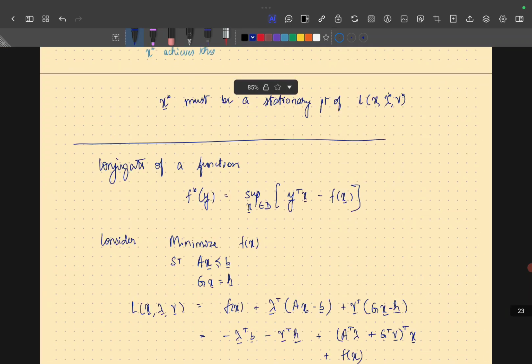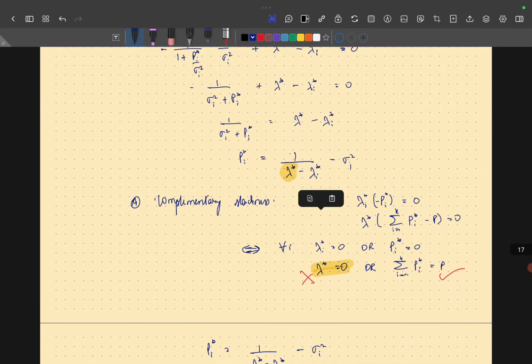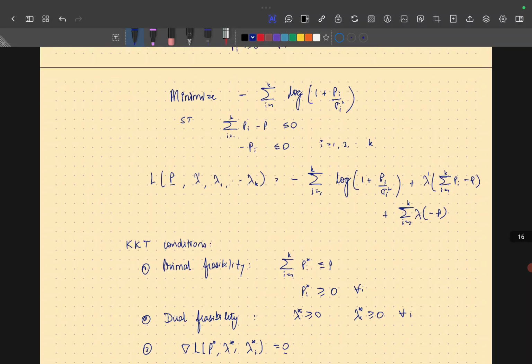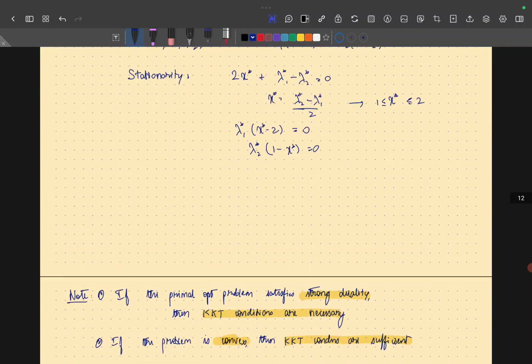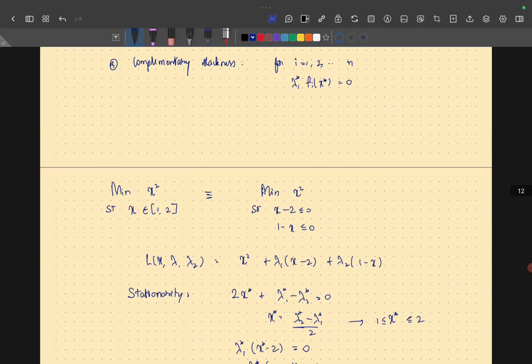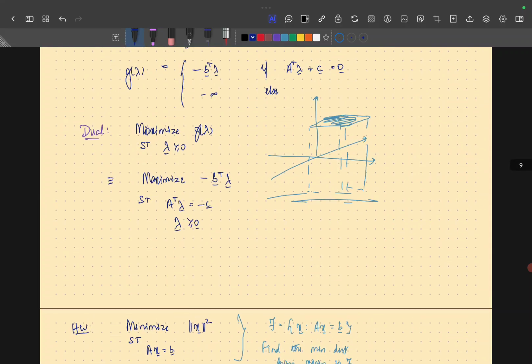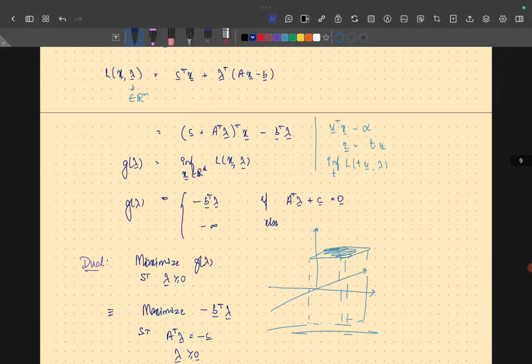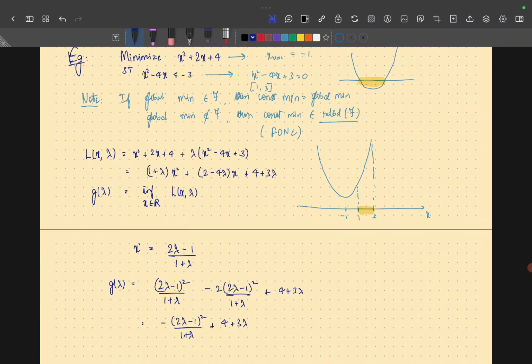For instance, let's see. In one of the almost trivial problems that we had, in this particular case, we had this primal optimization problem, which was quadratic with quadratic constraints.